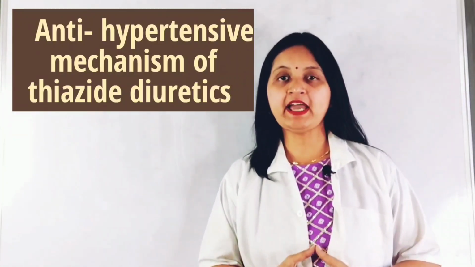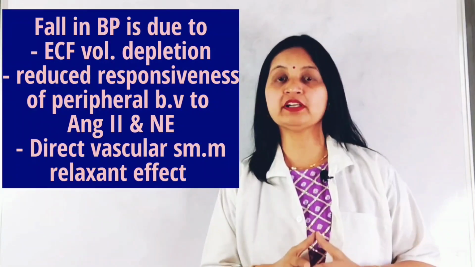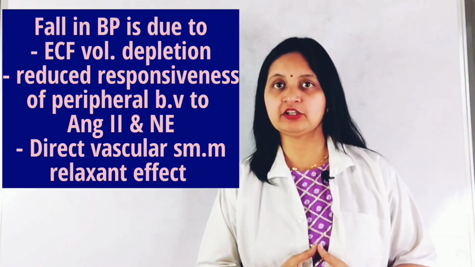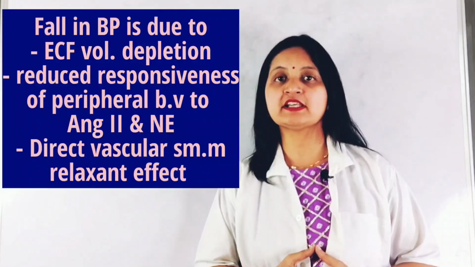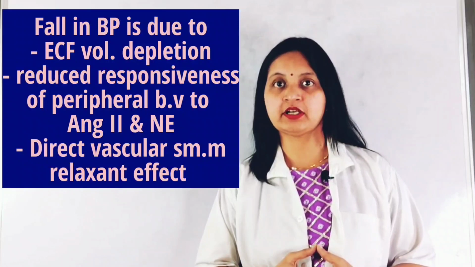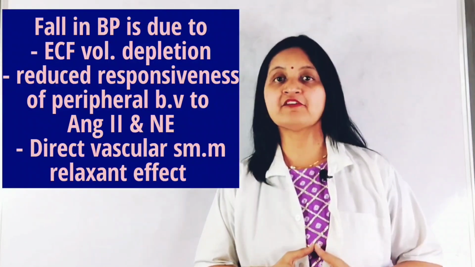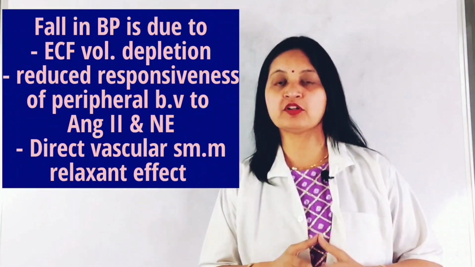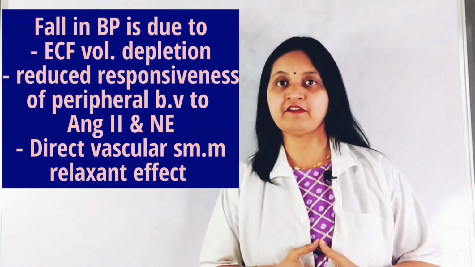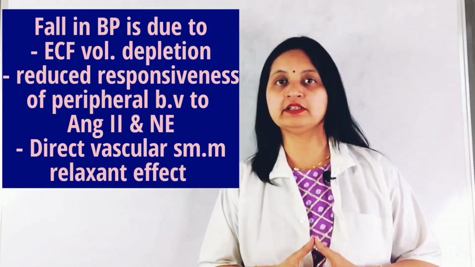The initial antihypertensive action of thiazide diuretics is due to its diuretic action causing excretion of sodium chloride and water in urine, leading to extracellular fluid volume contraction and a fall in blood pressure. However, tolerance develops to the diuretic response over a period of time, but the antihypertensive effect is maintained on long term.